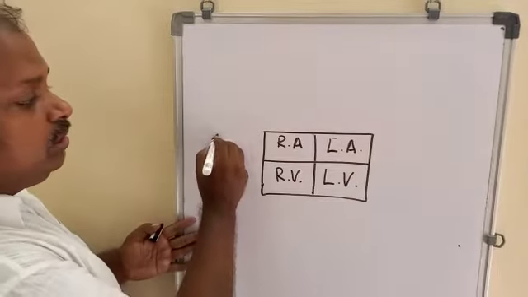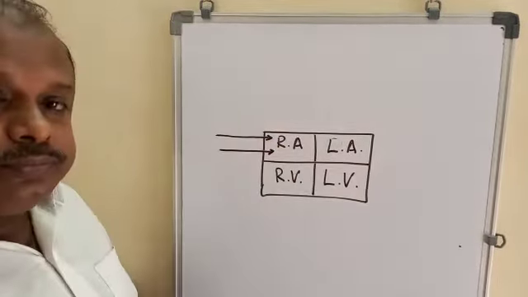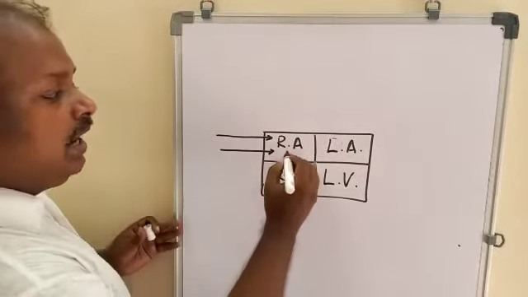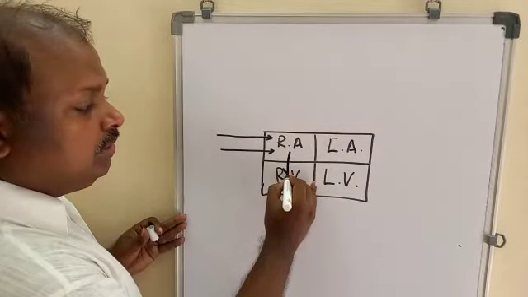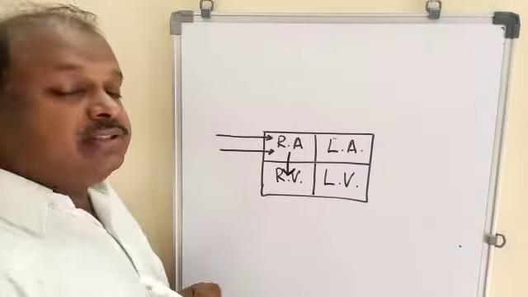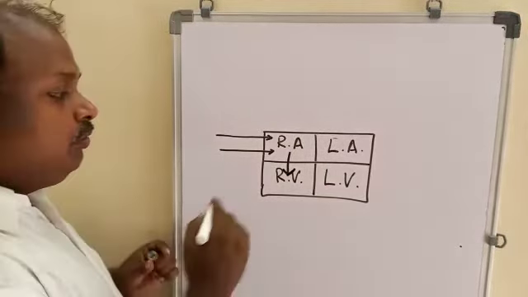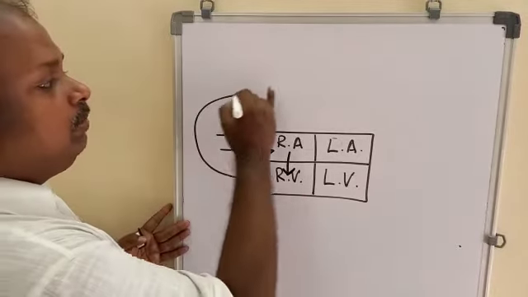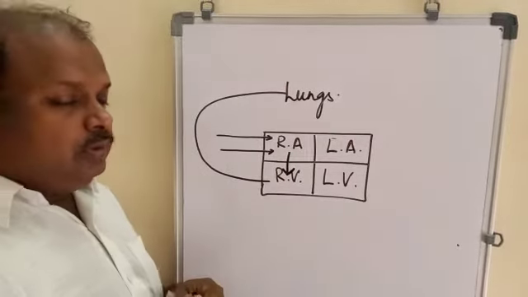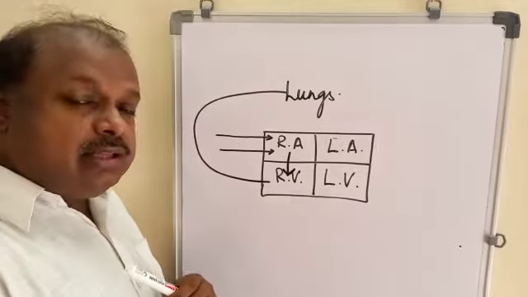First of all, the deoxygenated blood from the upper part and the lower part reaches the right auricle. Then from the right auricle, the blood reaches the very next chamber, which is called the right ventricle. From the right ventricle, the blood goes to the lungs.